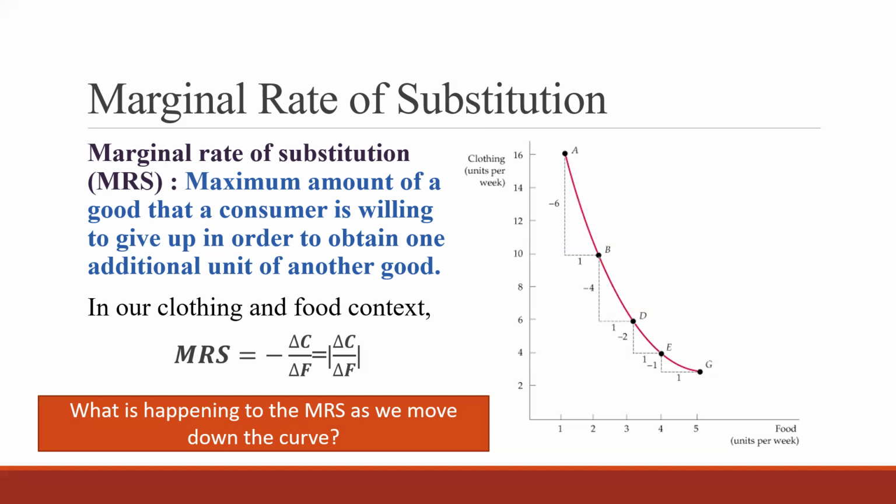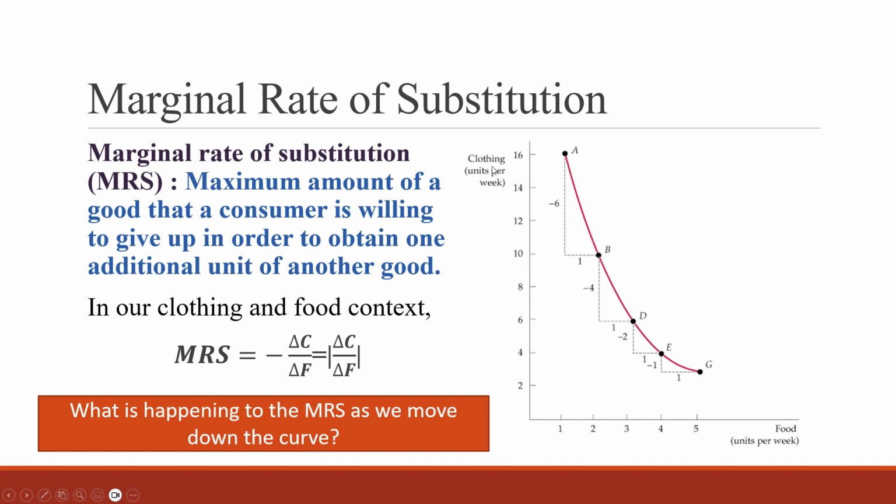That's one thing. Right? So here, since we have already had a lot of clothing, each additional unit of clothing does not yield a lot of additional satisfaction. Then reducing each additional unit of clothing will not affect us too much in our satisfaction, right?